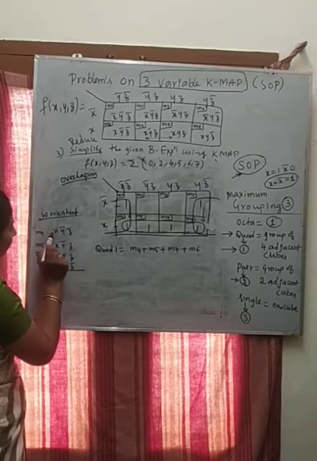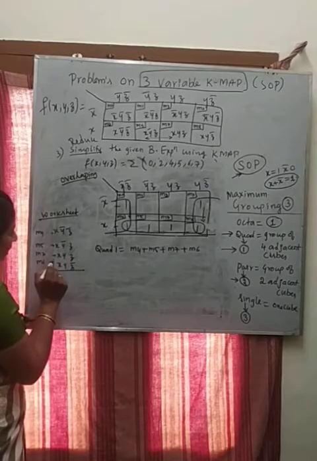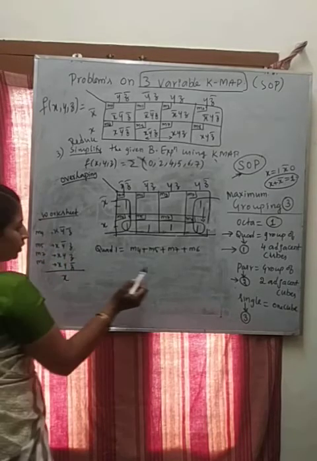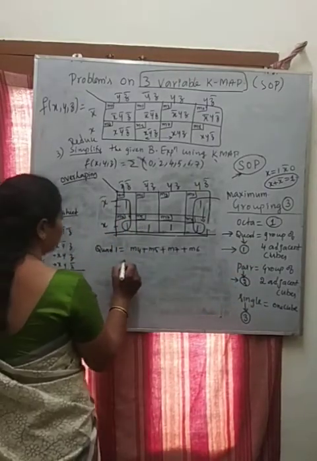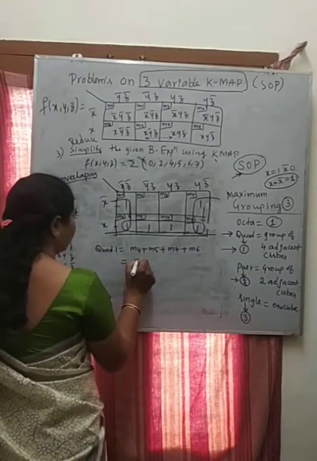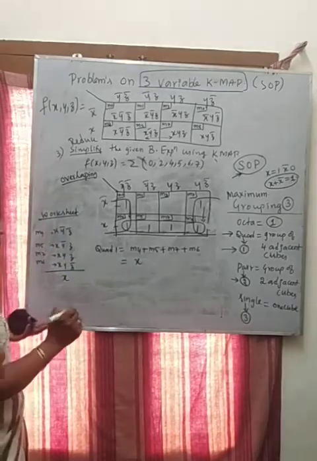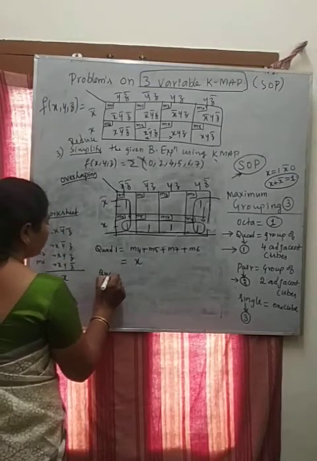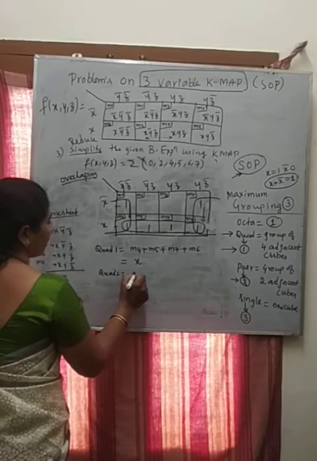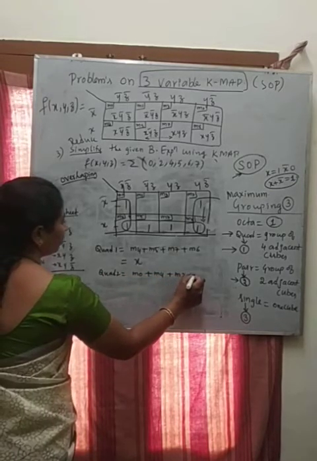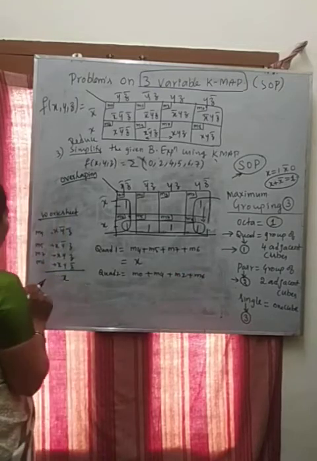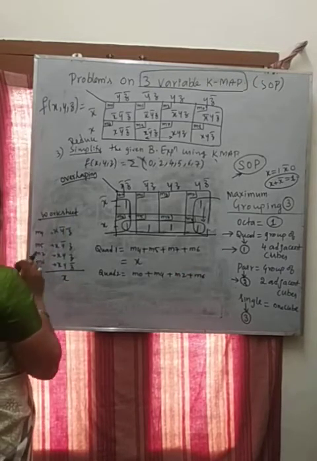What is common? Yes, X is common. Did you get your quad reduced to a single variable? Yes, this gives you only the term X. What is quad 2? M0, M4, M2, M6. M4 and M6 are there here.